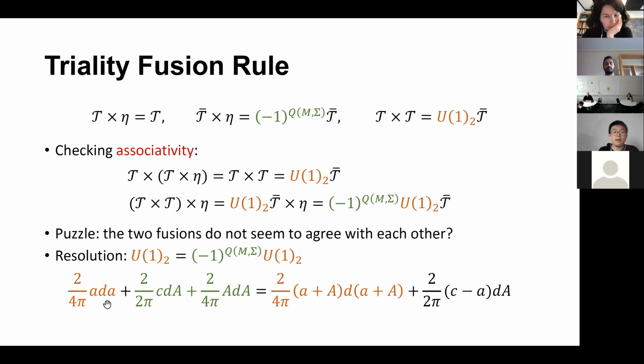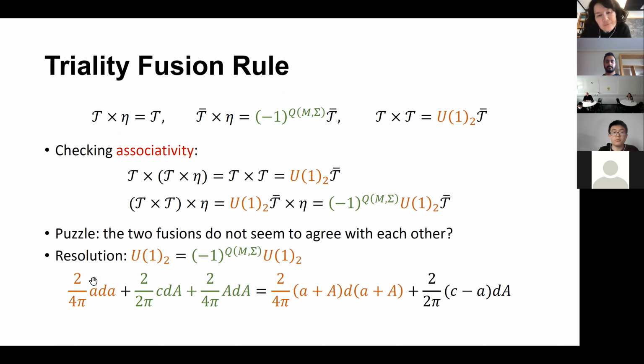Okay. And then we can just combine terms and rewrite these actions into the right-hand side. So the first term is again a U1 level 2 Chern-Simons theory. And the second term is nothing but a Lagrange multiplier that constrains the gauge field A to be a Z2 gauge field, so we can just ignore it.